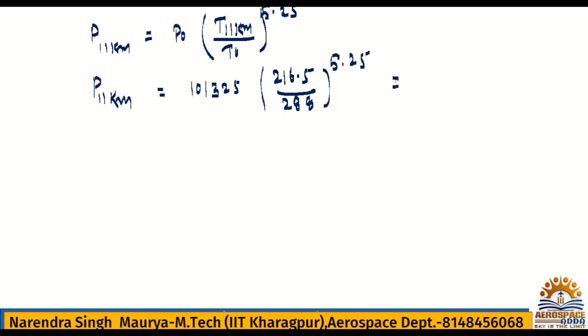If you calculate this, how much do you get? I'm getting 22649.5 Newton per meter square, or I can write 11 kilometer is equal to how much?